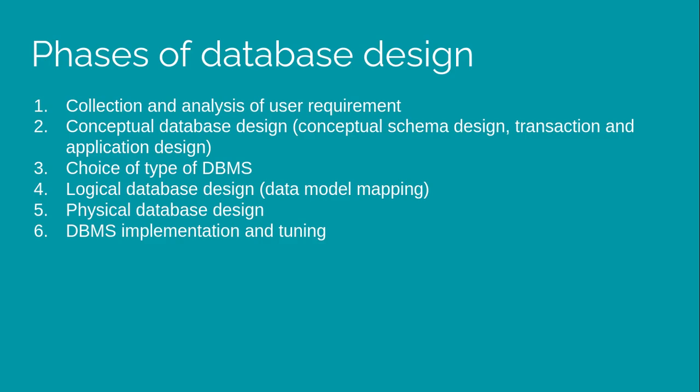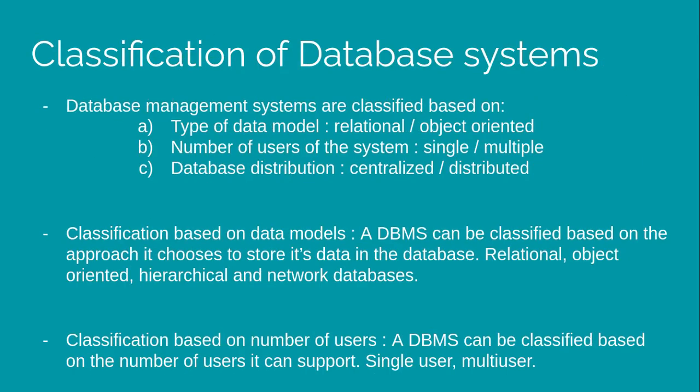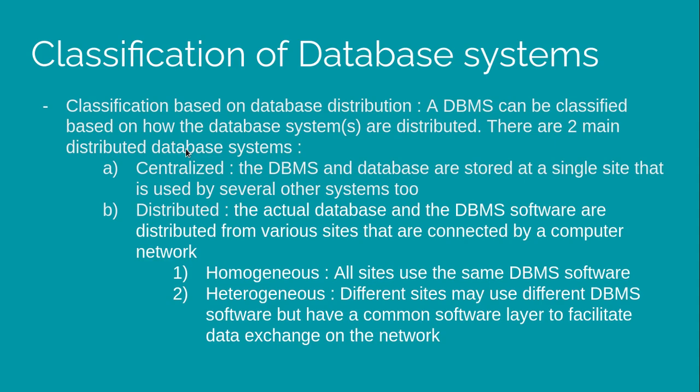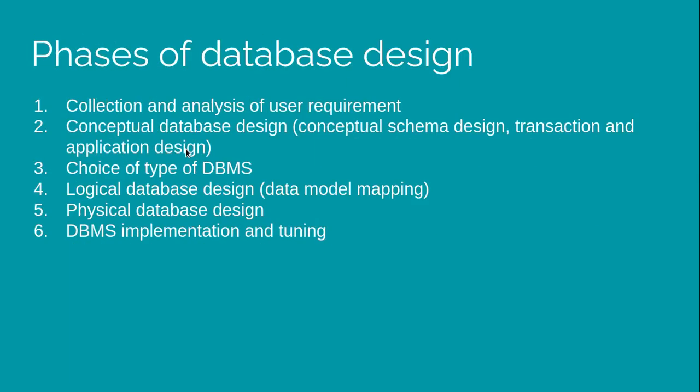We discussed the types of database systems earlier, based on data models, number of users, and distribution. The fourth phase is the logical database design or data model mapping, and the fifth phase is the physical database design. The sixth phase is implementing the database system and tuning it. We'll discuss what tuning is later on.